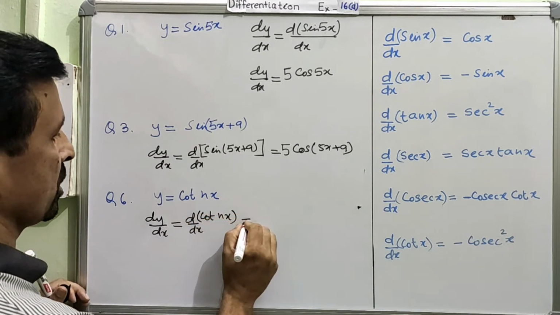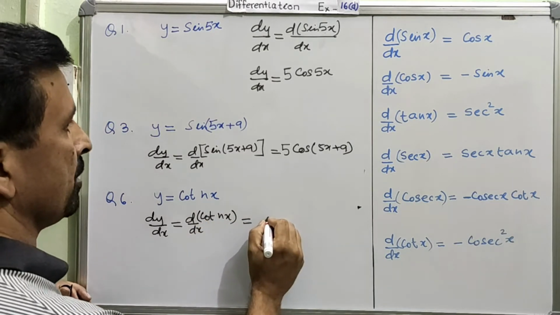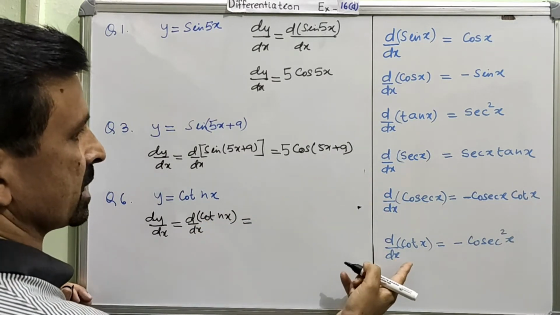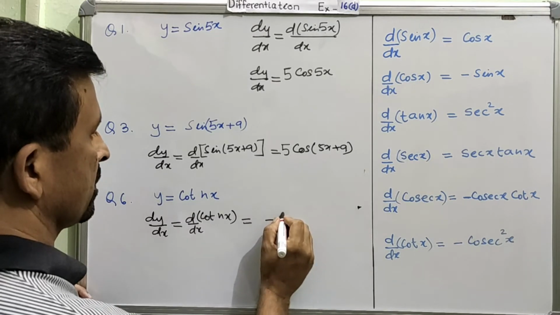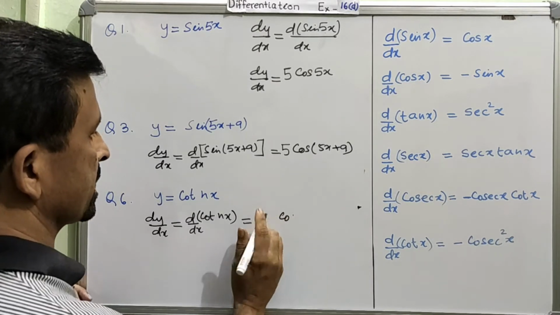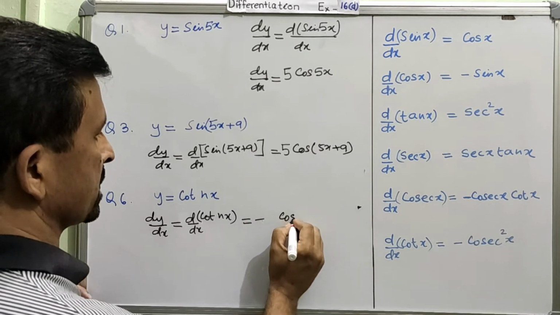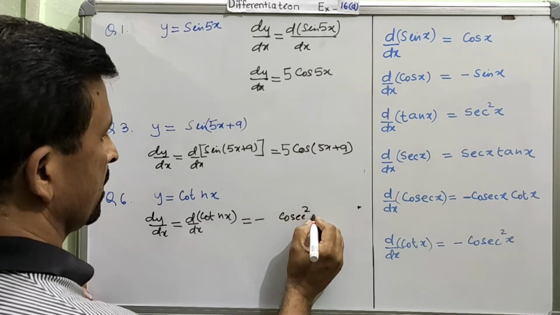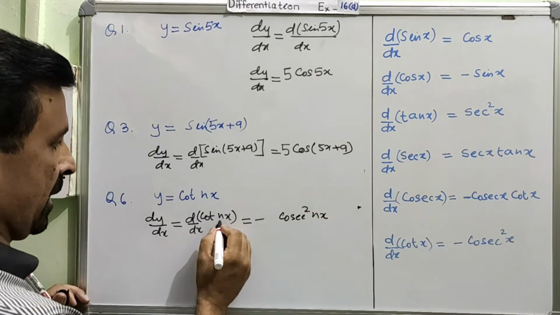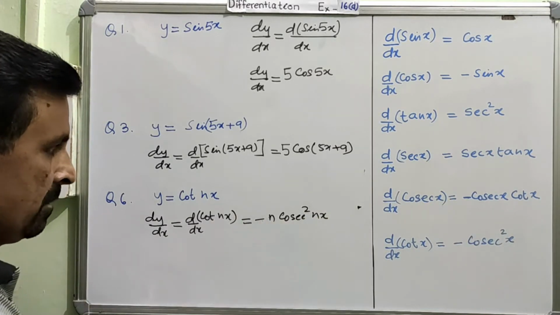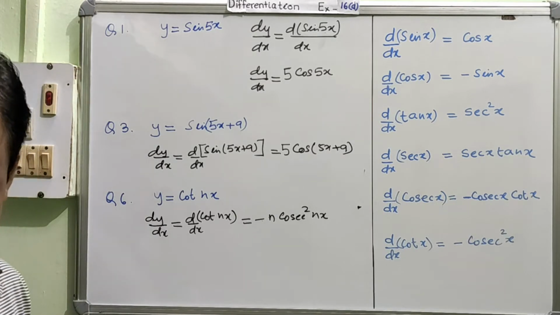Here the derivative of cot will be minus cosec square nx. Now the derivative of the angle will be n. This is your answer. So it's all in one step only.